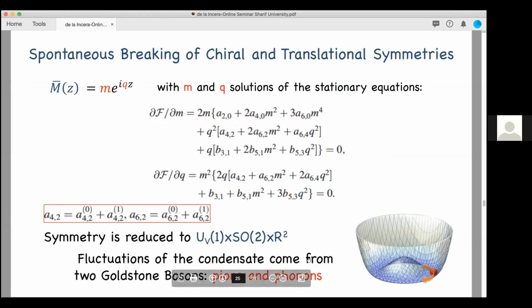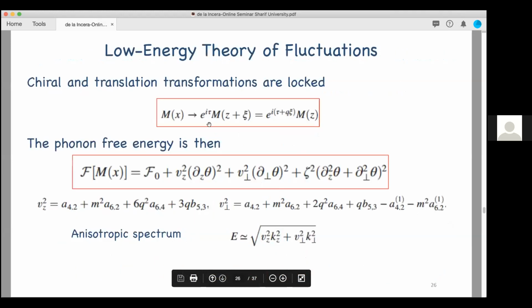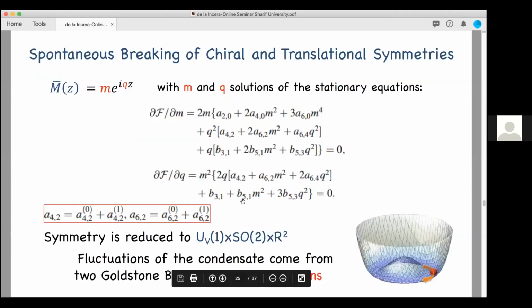Okay? And the M that I am using here is constructed on the condensate, so using M and Q solutions of the stationary equation. So this combination is exactly the one that you will have identically 0 in the absence of a magnetic field.